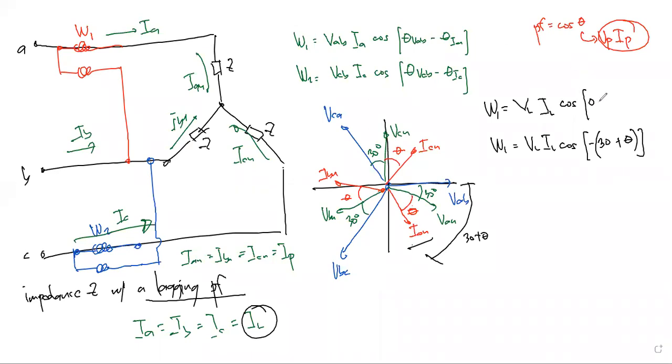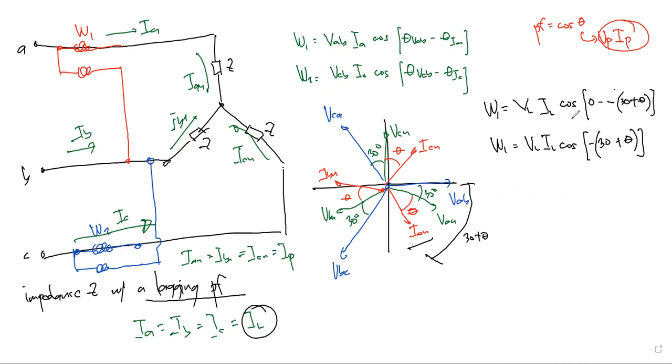So that is 0 for VAB minus this angle here, 30 plus theta, but since it is situated below the reference angle, that is negative of 30 plus theta.